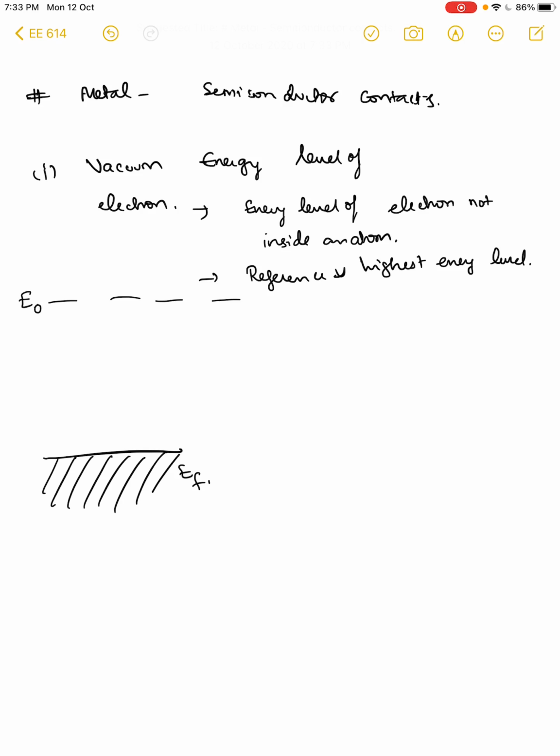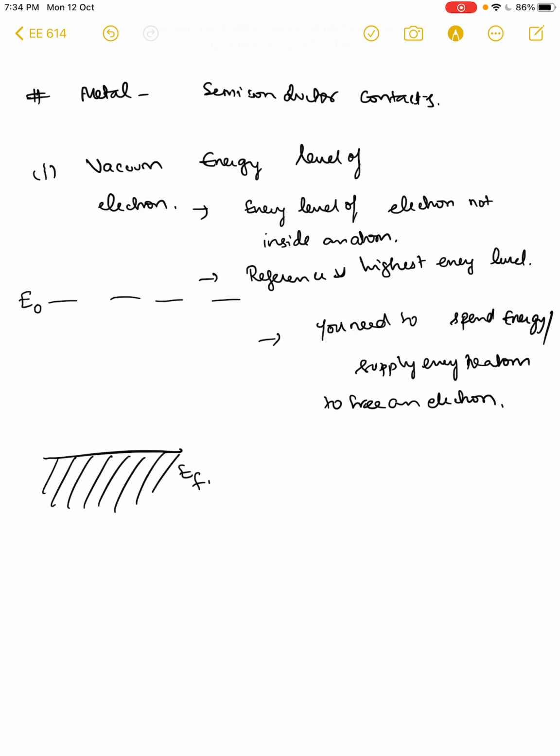The reason why the vacuum energy level is so high is that you need to spend energy to push an electron from the atom to the vacuum level. You need to spend energy or supply energy to the atom to free an electron.